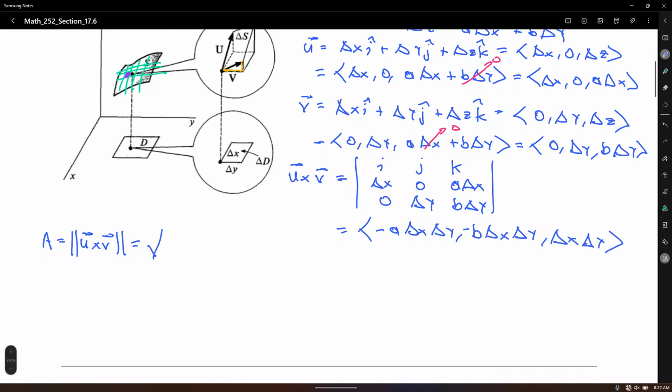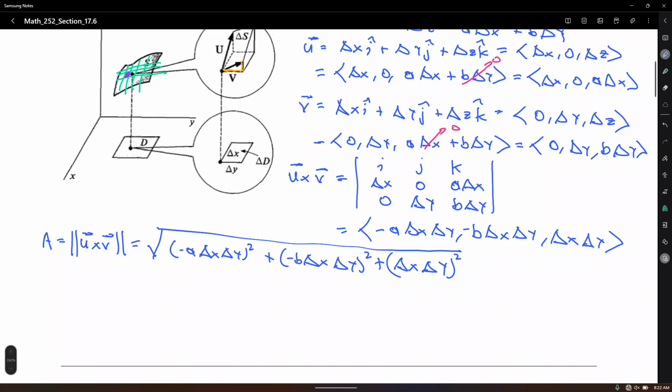That equals the square root of negative a delta x delta y, quantity squared, plus negative b delta x delta y, quantity squared, plus delta x delta y, all squared. Everything under the radical. All right, so everything squared turns all the negatives into positives.